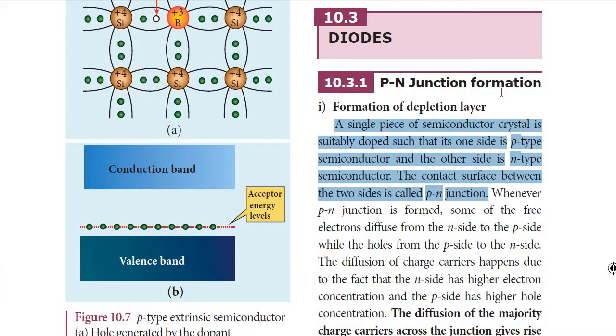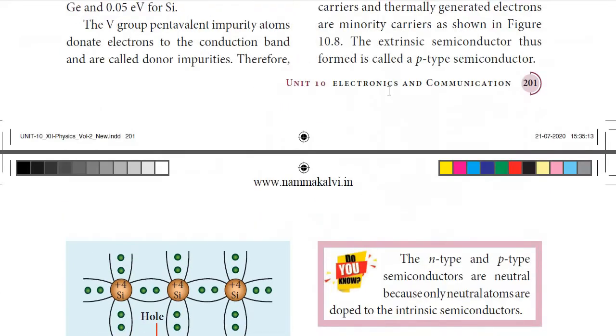P-N junction formation. What is meant by P-type semiconductor? What is meant by N-type semiconductor? Already we have learned in the previous video. P-type semiconductor means the doping process, that means impurity added with the semiconductor, the silicon semiconductor.